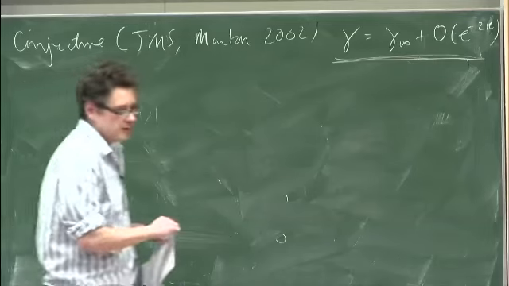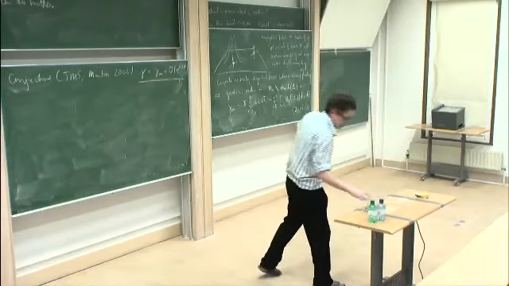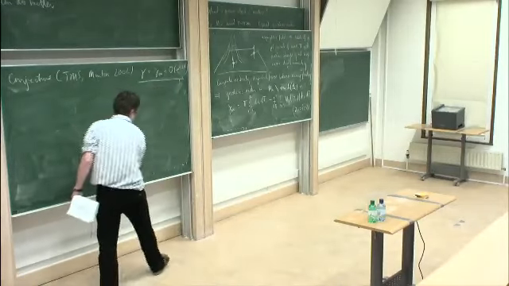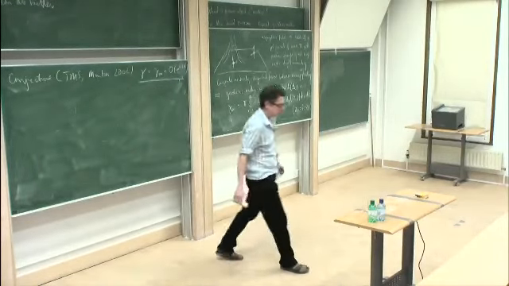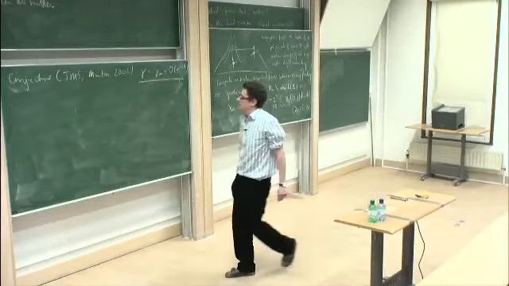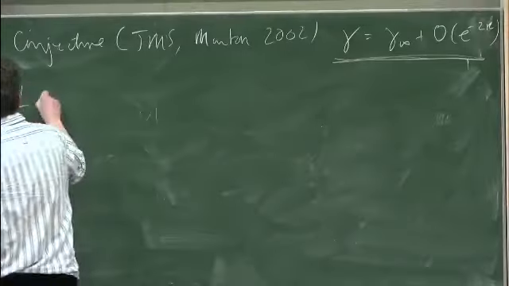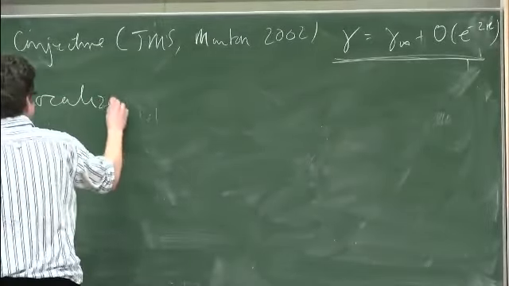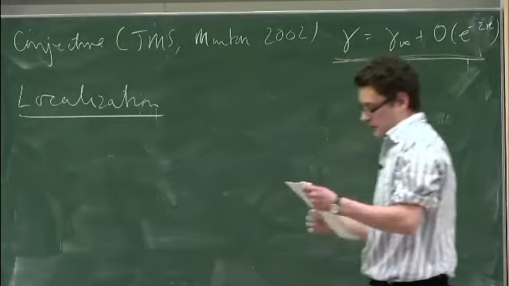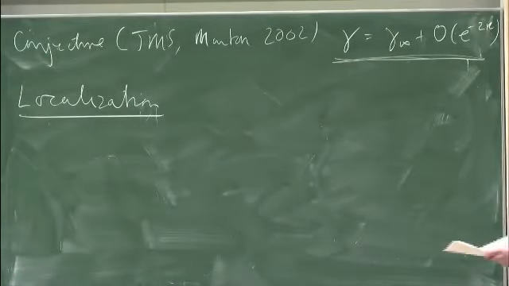So you can say something about the asymptotic form of this metric when the vortices are either very small on a compact space or when the vortices are very well separated in Euclidean space. What else can you say? Well, the main tool for analysing this metric is something called localization.